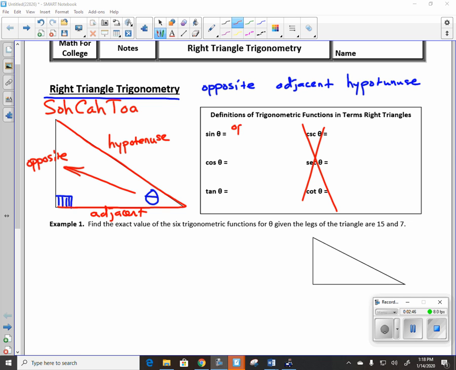So sine is opposite divided by hypotenuse. C stands for cosine, and A and H stand for adjacent divided by hypotenuse. T stands for tangent, O and A stand for opposite over adjacent.